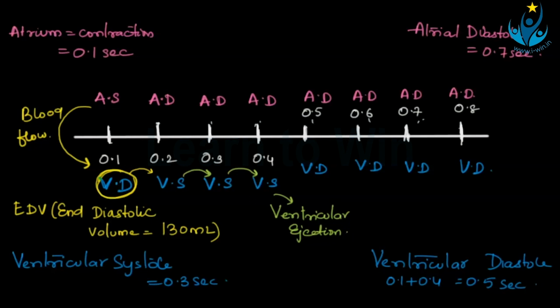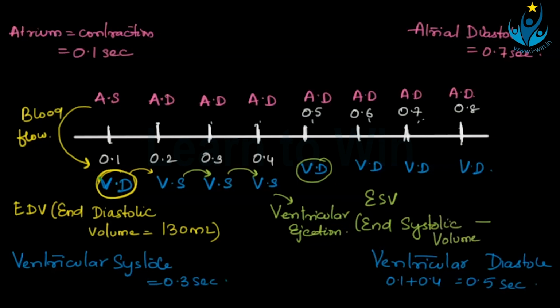But after pushing away, when the ventricles start to relax, that is, when they reach ventricular diastole again from the contraction, you have ESV. What is ESV? End systolic volume.